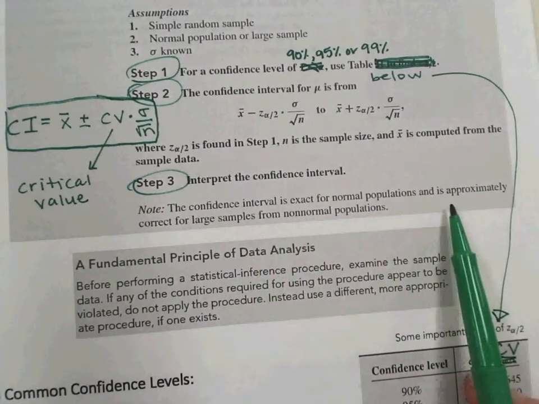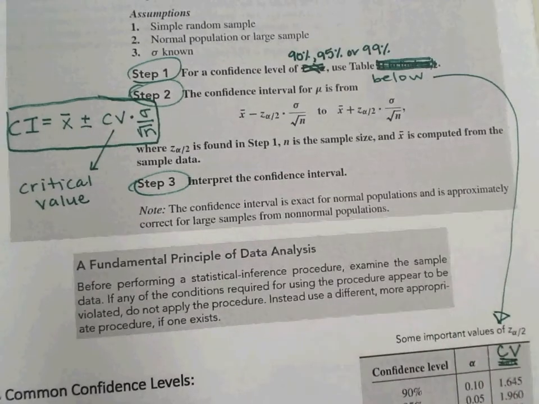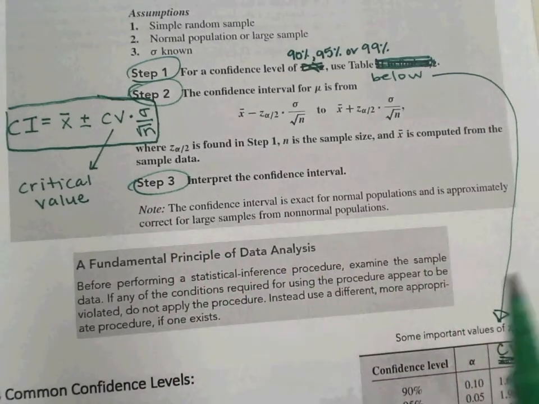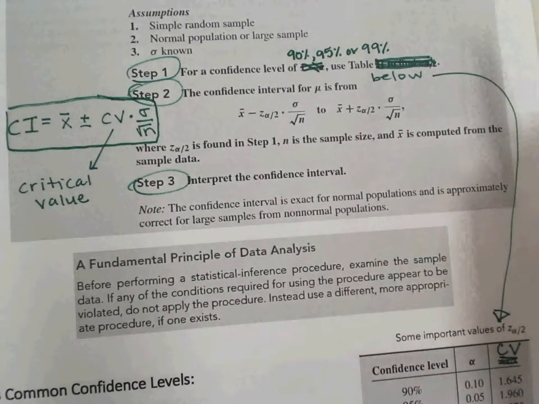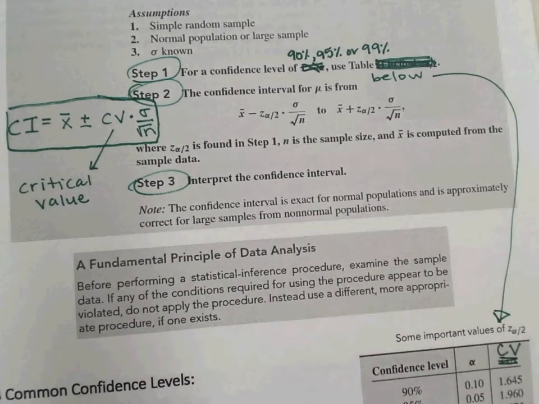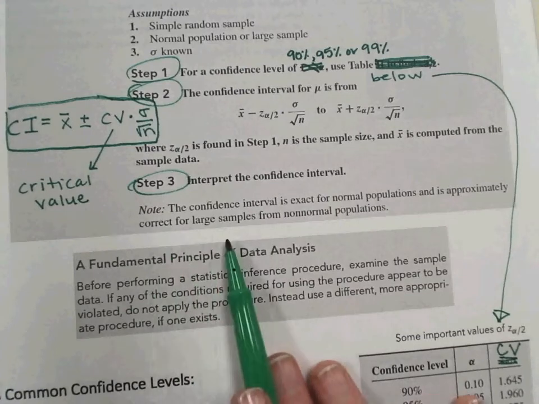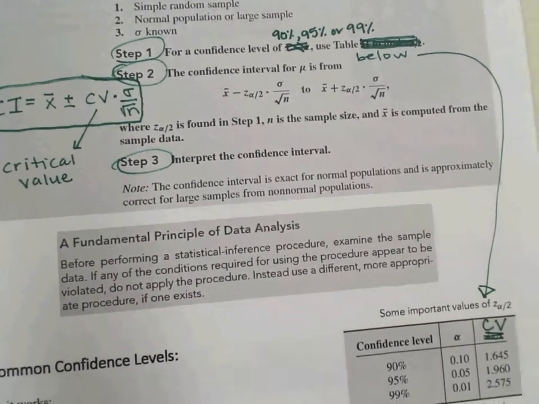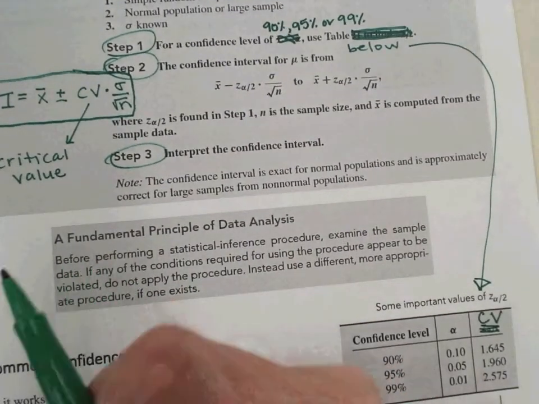Note, the confidence interval is exact for normal populations. So this method works really well for normally distributed populations, and approximately correct for large sample size from non-normal distributions. That's where your sample size is 30 or more. It's pretty close to being exact.